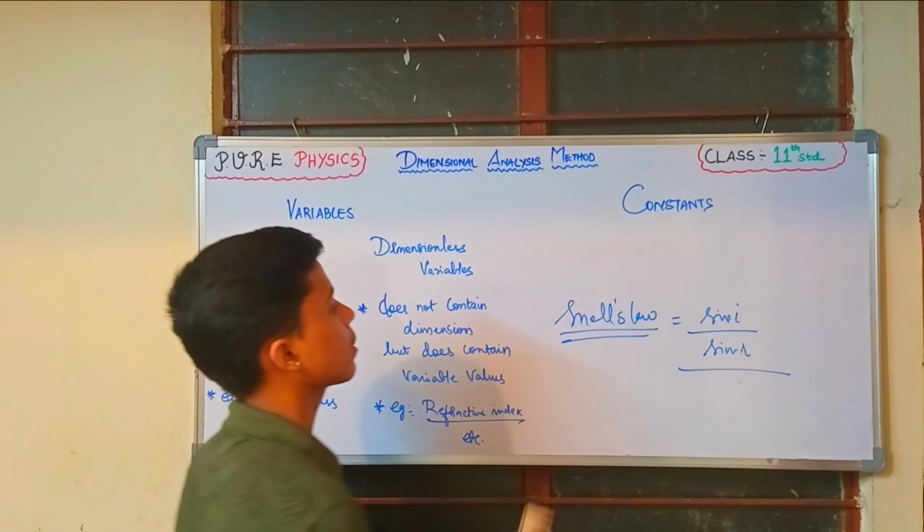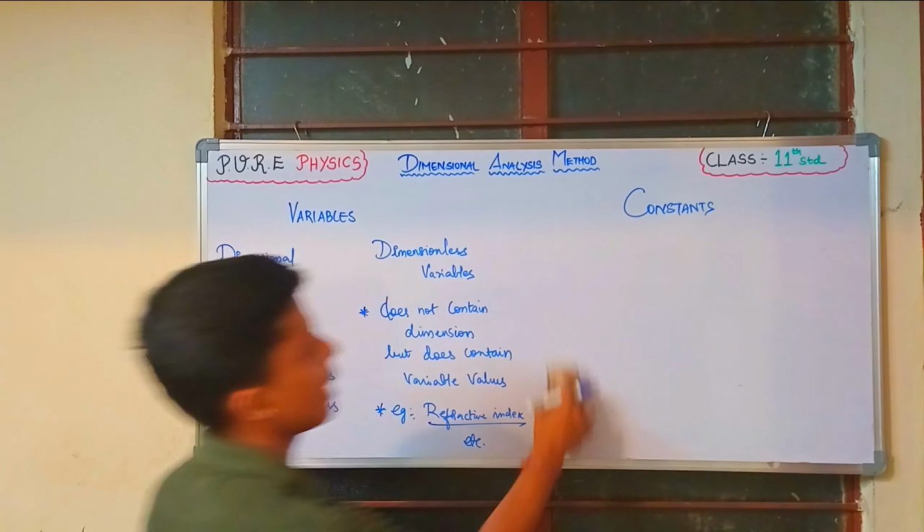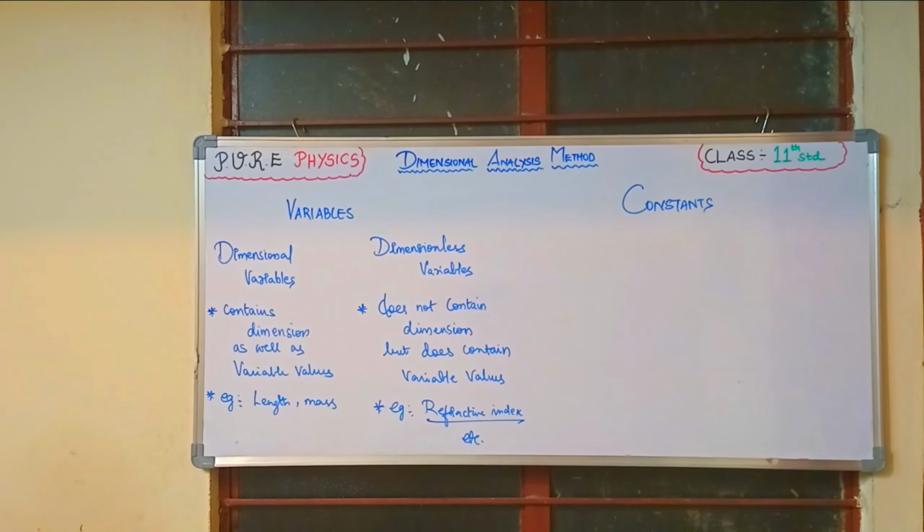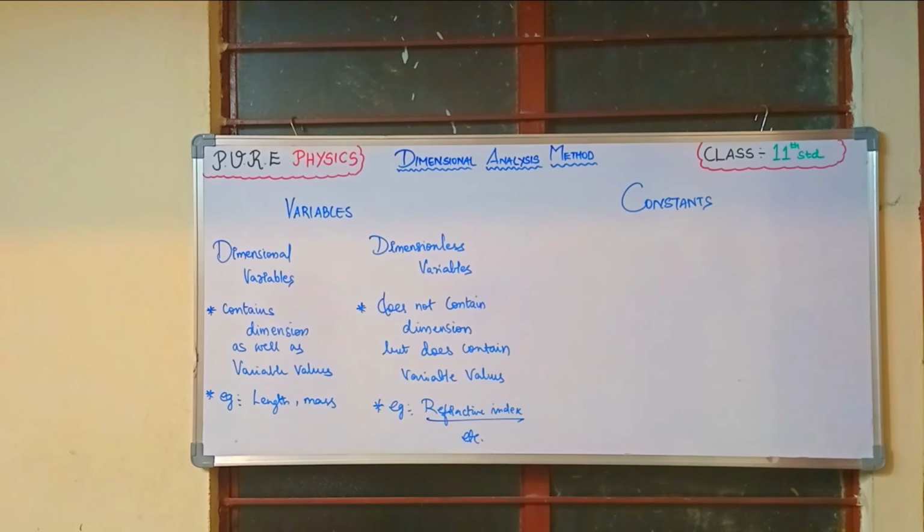Now, moving on to constants, we have two types: one is dimensional constant and the other is dimensionless constant.